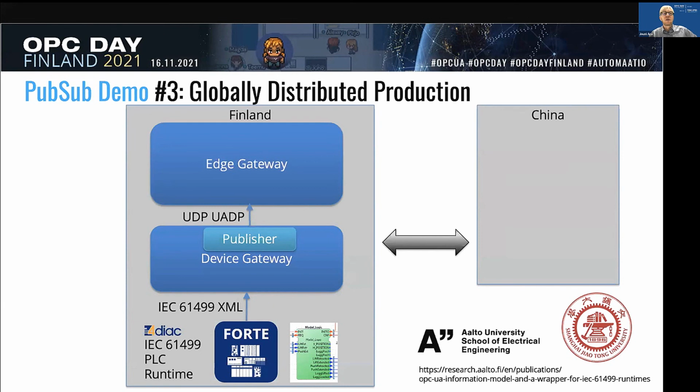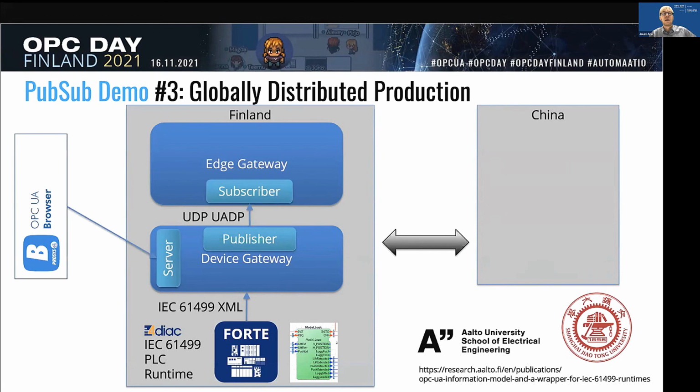And we have another component called the Edge Gateway that subscribes to this UDP data. At the same time, we also introduced OPC UA servers for both of these components so that we can connect with a traditional client to see what's in there.